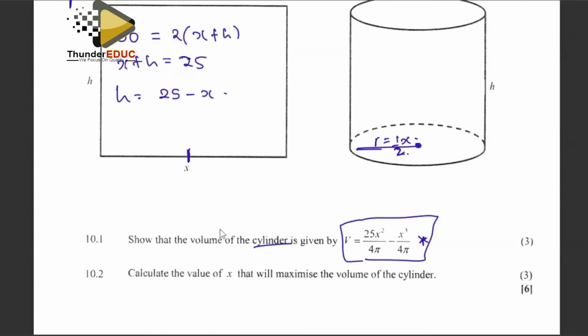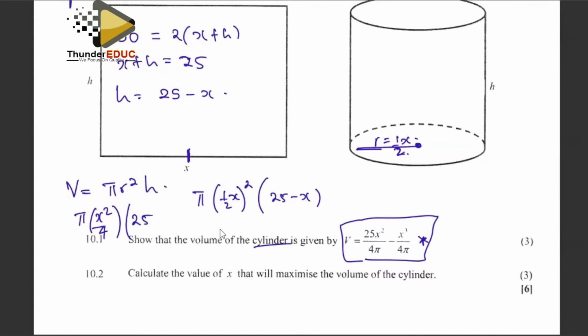All right, so if it's a 25 minus x, we know that the volume of a cylinder is given as pi radius squared times the height, area of the base multiplied by the height. So our pi is a constant. We said our radius is a half of x. You're squaring that. The height is 25 minus x. So when you simplify half x squared, it's going to give us pi x squared over 4 into 25 minus x.